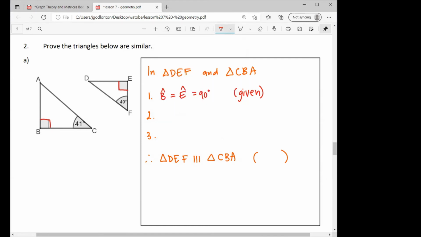Now, this angle here is 49 and this angle is 41. That's not the same as each other, so we're going to have to figure out what A is.